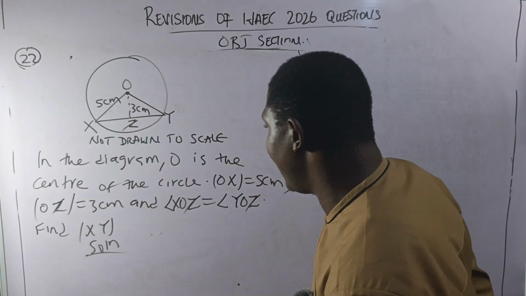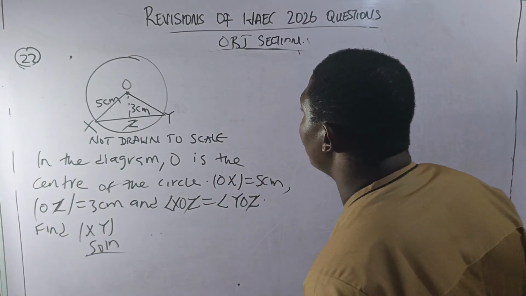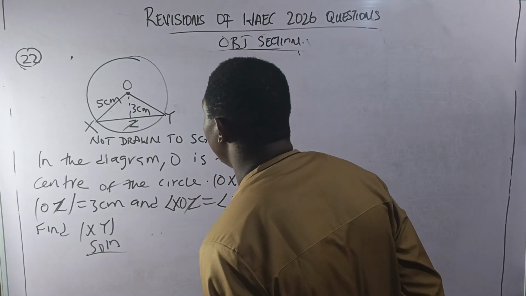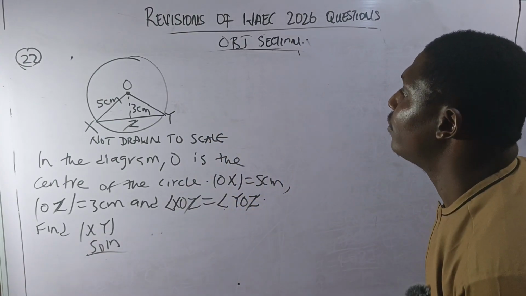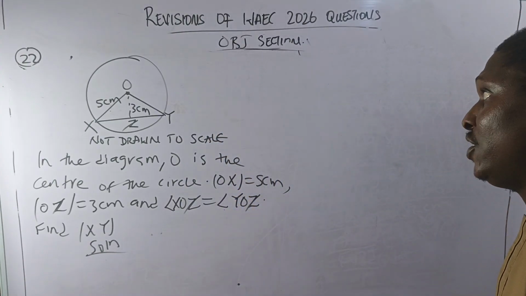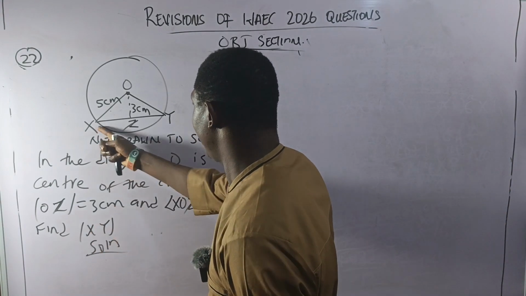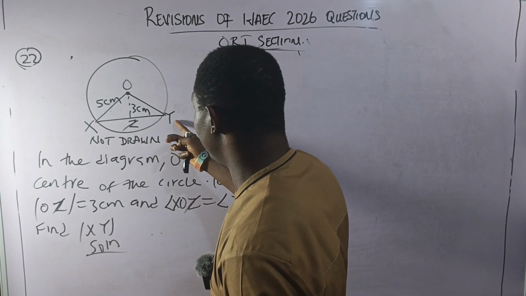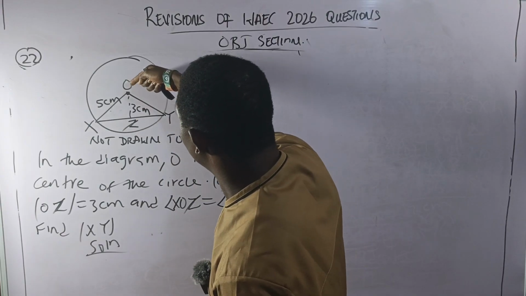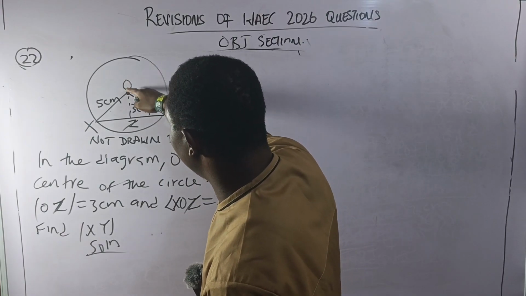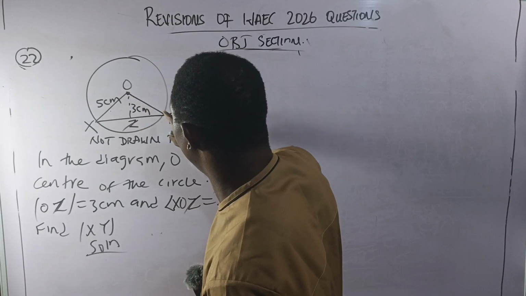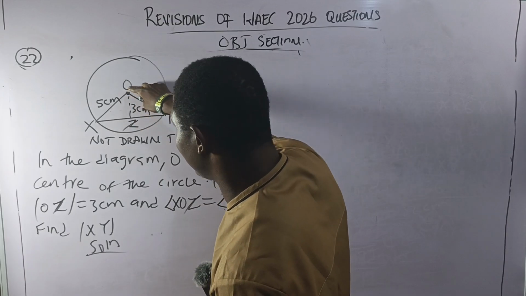They said we should find XY. Now, if we use our mid-angle theorem, we are going to have our XY easily, because if this is our center, then OX must equal OY, since O is the center.